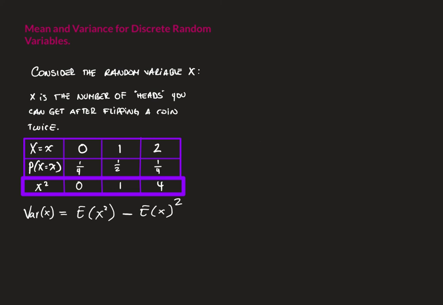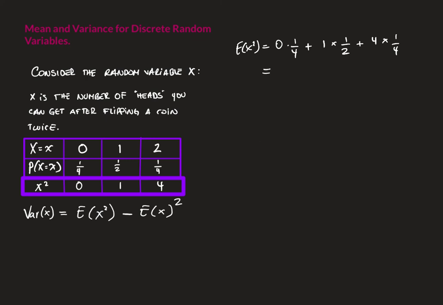So the expected value for the squares is going to be the value of the variable, so 0, times its corresponding probability, 1/4, plus the next squared value is 1, times its probability, plus the next square value is 4, times its corresponding probability, 1/4.